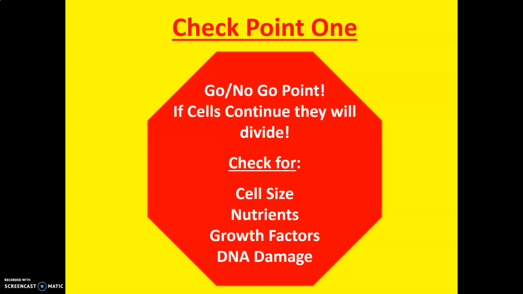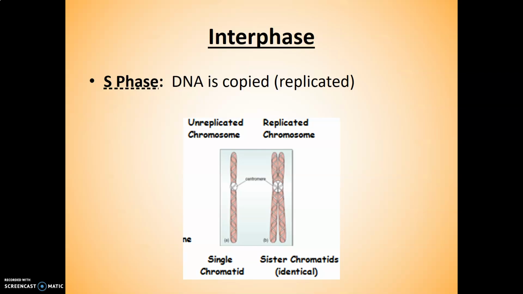But at checkpoint 1, the cell is checking for cell size, nutrients, growth factors, and DNA damage. It's looking to make sure that all of these things are on par to move to the next phase. If they're not, they will not go. They will go to apoptosis. If they're a go, they move into the next phase.